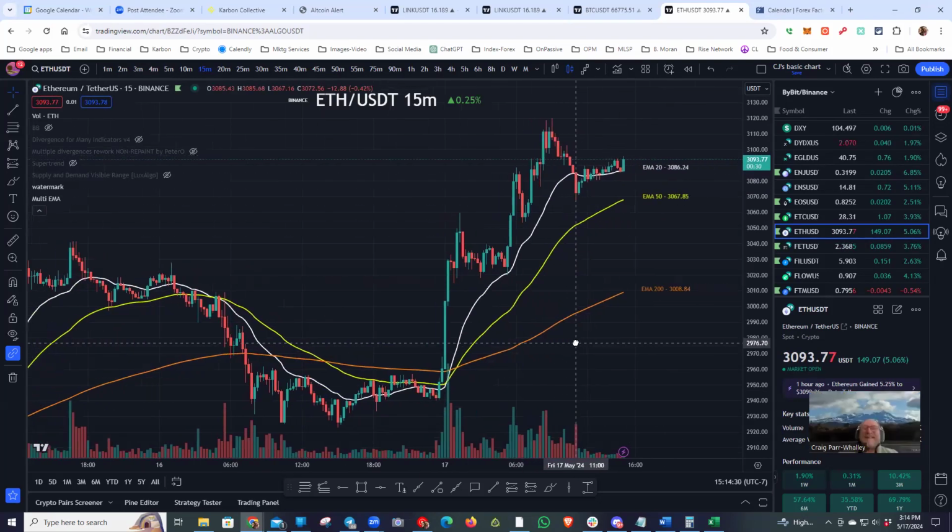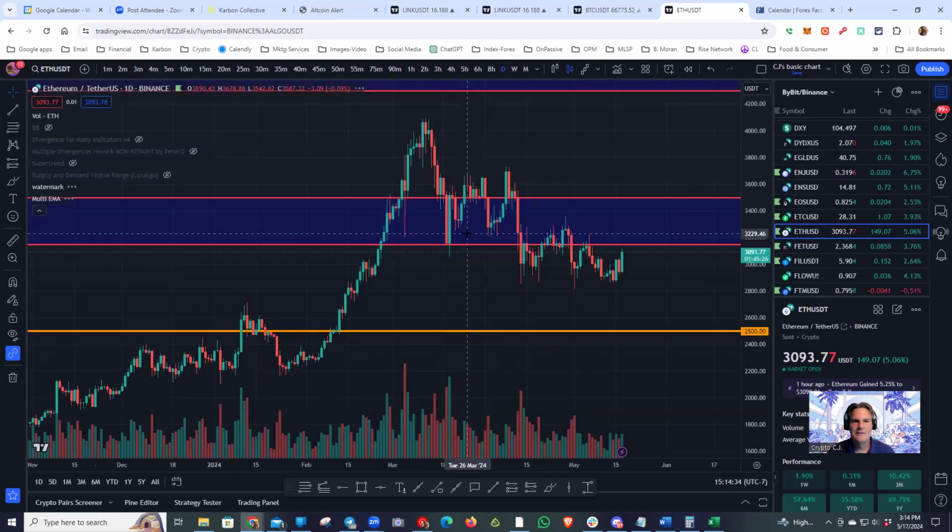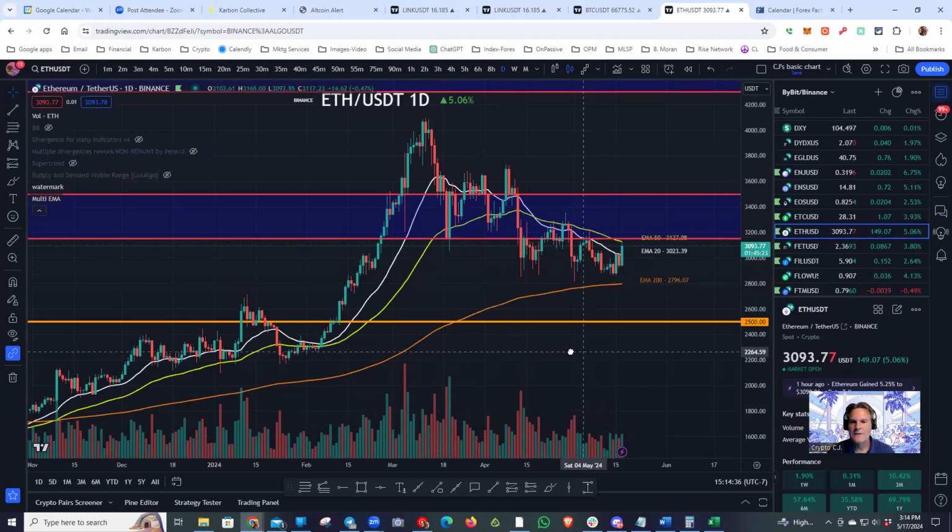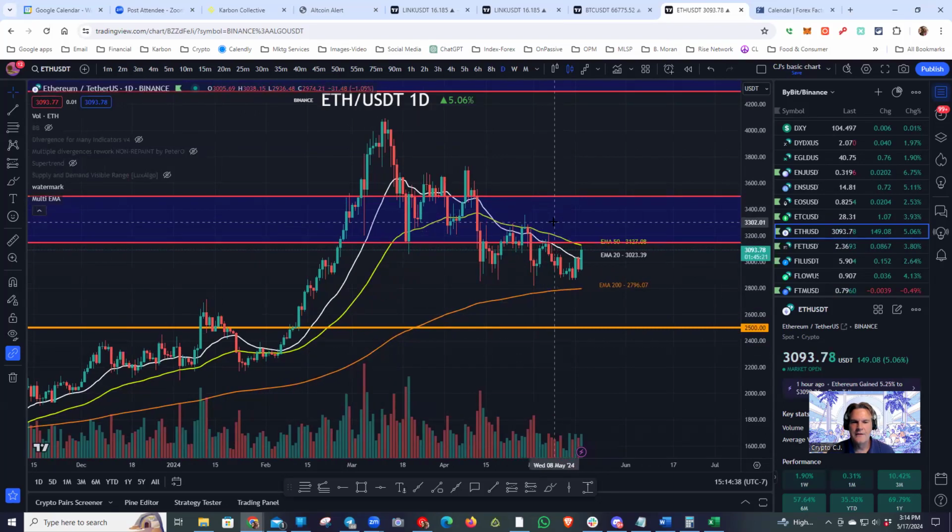So yeah, day chart. Okay, so we still haven't gotten into the lower part of the zone that we were in earlier this year. That'll be at 3150. I should probably just extend this, but we are above the 200.